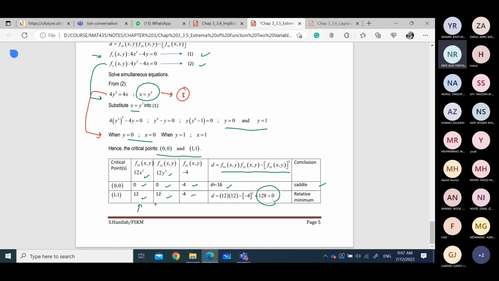If it is greater than 0, then it has a relative minimum. If the second order derivative with respect to x on f is less than 0, then it has a relative maximum. So in this case, at the point (1, 1), the surface has a relative minimum. Okay, can? Okay, so that's all about extrema.